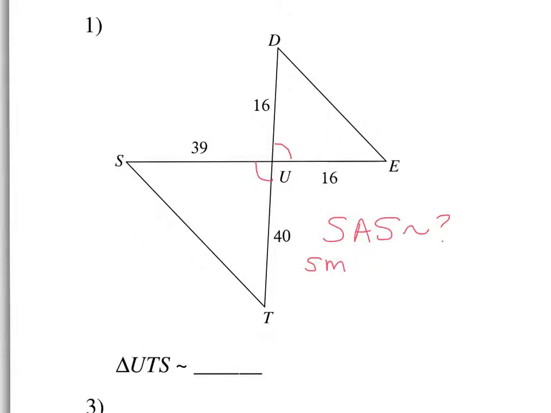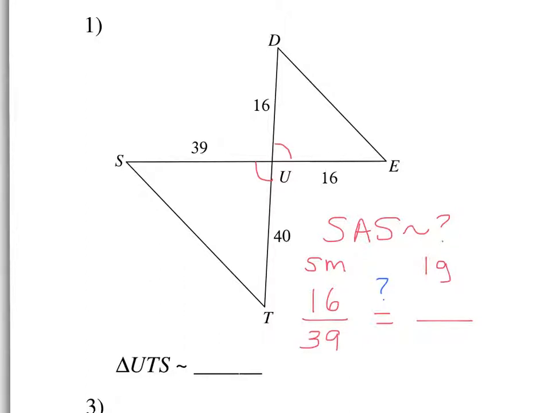So, when I have 2 sides in my proportion like this, I'm just going to take the small and the large and put them into a fraction. And then I'm going to ask the question, are those ratios equal? So the small sides here are 16 from that top triangle and 39 from that bottom triangle.